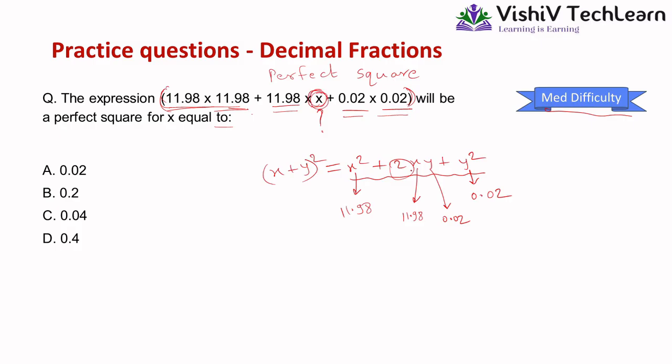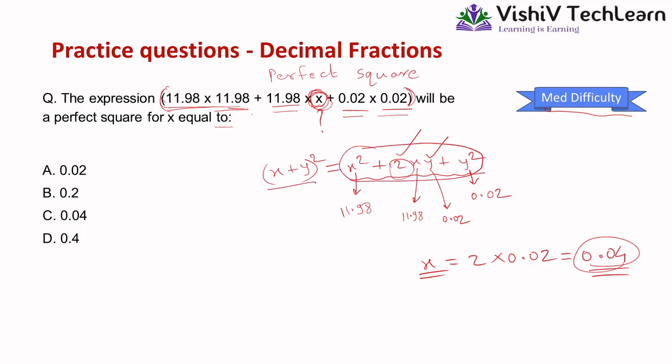So instead of that, x is given, so x can be represented as this and this. So x is equal to 2 multiplied by 0.02, which gives the answer 0.04. So if we put the value of x as 0.04 in this equation, it will become of this form, x plus y whole square, and that will be a perfect square.